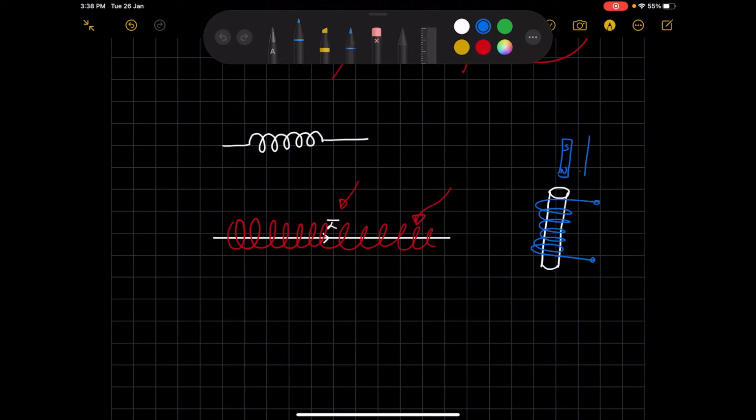Now if you move the magnet into or out of the coil, a current will be produced in the conductor. So this is exactly the inverse of the process where a current carrying conductor produces a magnetic field. A changing magnetic field will also produce current in a conductor.